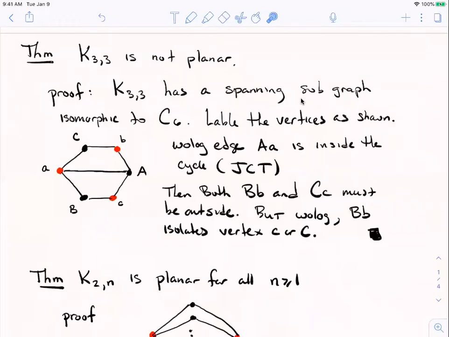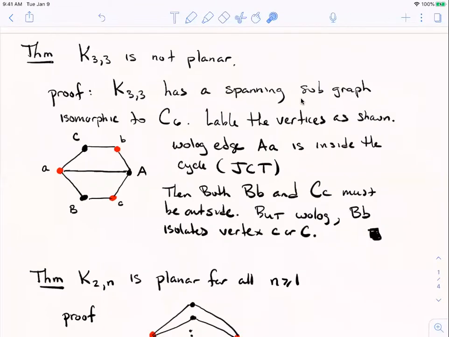And I've got this subgraph isomorphic to C6. It's an even cycle. It's a bipartite, 2-colorable cycle. So label the vertices as I've shown there. And then this is a complete bipartite graph. So the vertex capital A, which is in one of the parts, has to be adjacent to the vertex little a because it's in the other part.